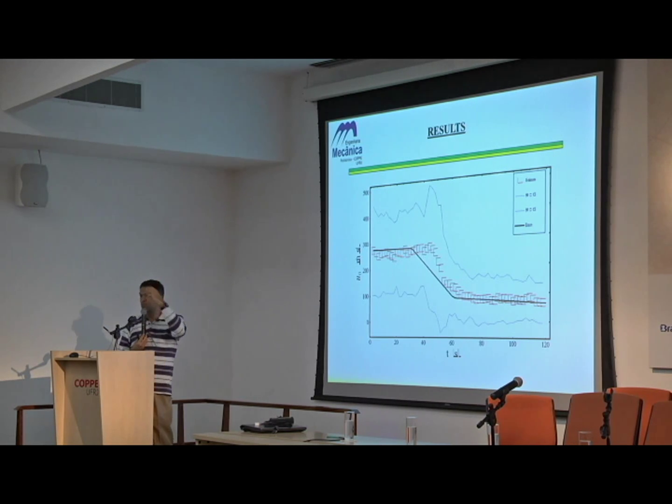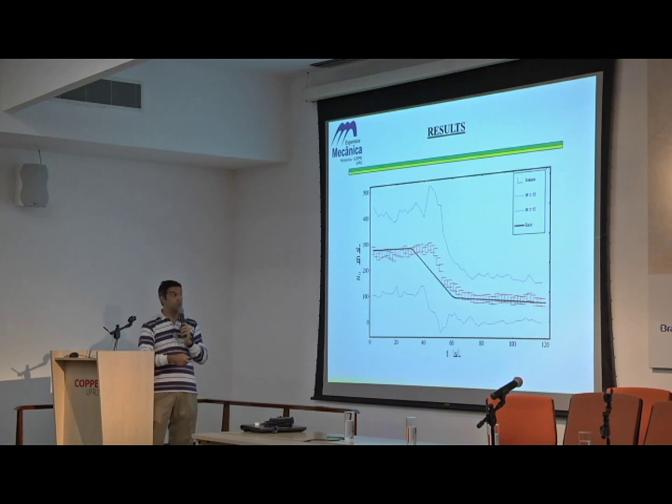Generally with this algorithm, with a small number of particles, we can get a good estimate of the mean of the state variables, as we are getting here. But we need a lot of particles to have a good estimate of the uncertainties associated with the state variables.